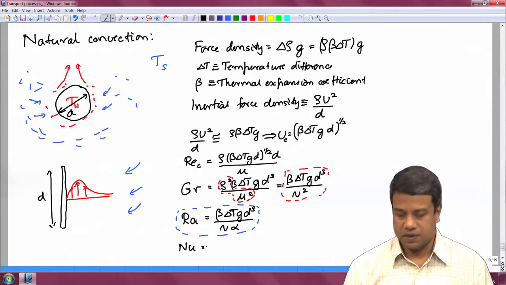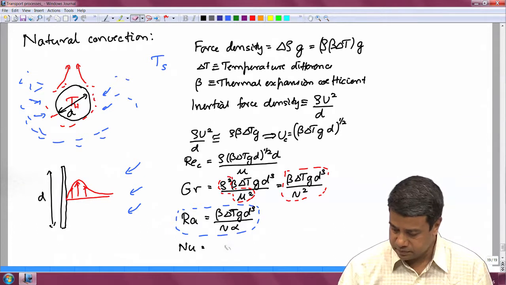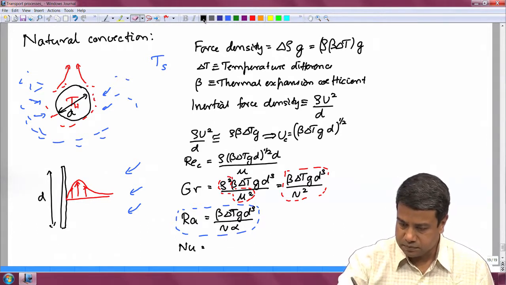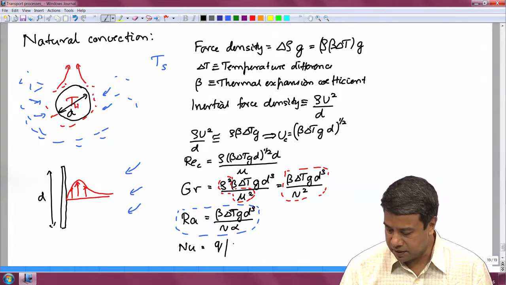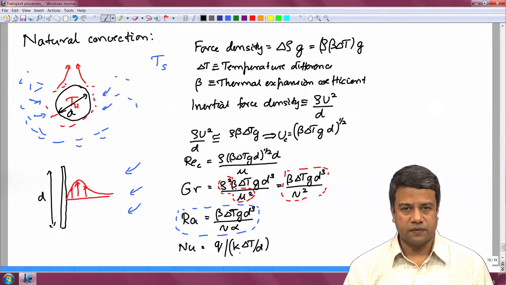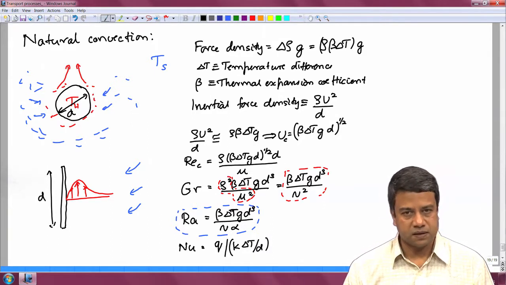The Nusselt number is the thermal heat flux divided by k delta T by d, scaled by the diffusion scales. That now has to be a function of either the Grashof number or the Rayleigh number.